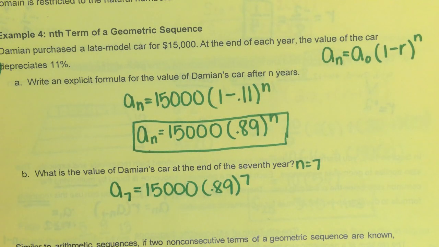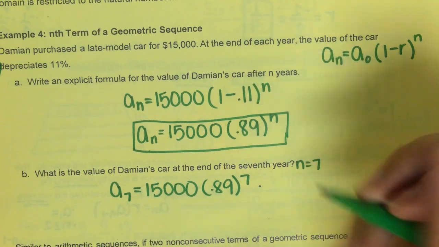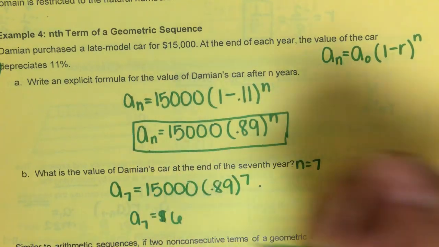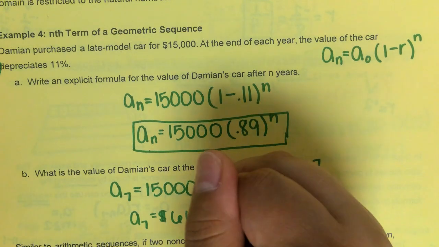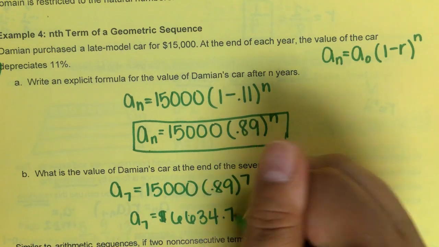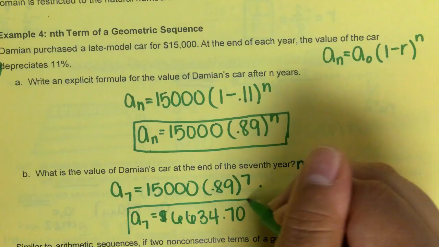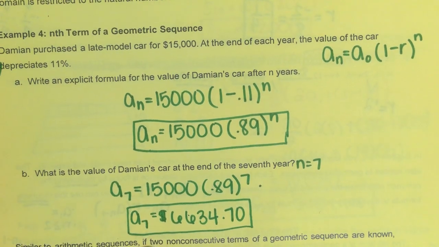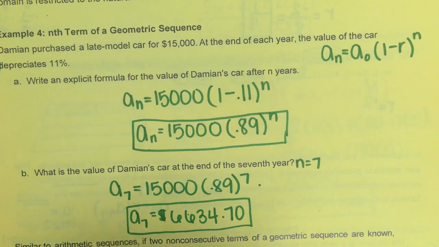And if I put that in the calculator, his car is valued at $6,634.70. And don't forget to label it, and you put your units, your dollar sign out front.